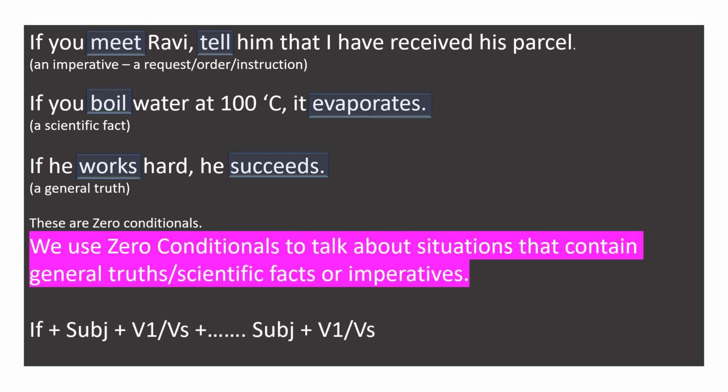So we use zero conditional sentences to talk about situations that contain general truths or scientific facts or even imperatives. So with this zero conditional, we have completed learning about conditional sentences: first conditional, second conditional, third conditional, and zero conditional sentences.